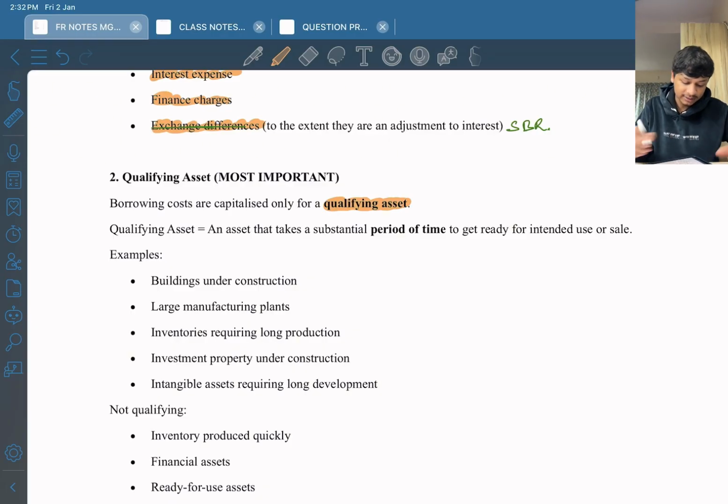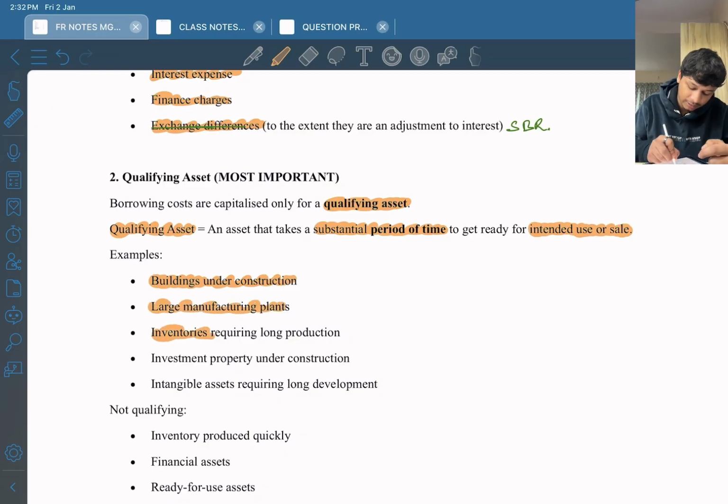Now, what is a qualifying asset? A qualifying asset is an asset that takes a substantial period of time to get ready for intended use or sale. The words substantial period of time are very important, and you should remember this definition. Examples of qualifying assets are buildings under construction, large manufacturing plants, inventories requiring a long period of production, and investment property under construction.